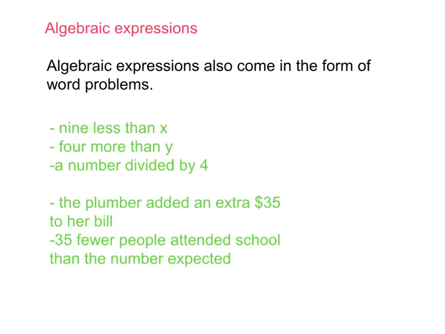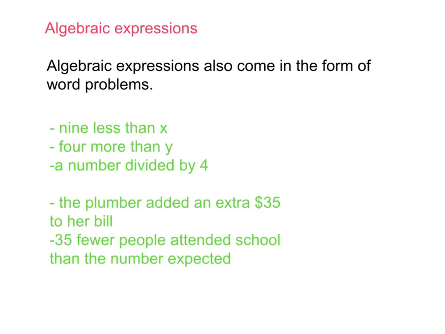What else have we got? The last one: 35 fewer people attended school than the number expected. It doesn't say add, more, or less, it says fewer. If fewer people attended, there must be less people coming, which means we're subtracting.